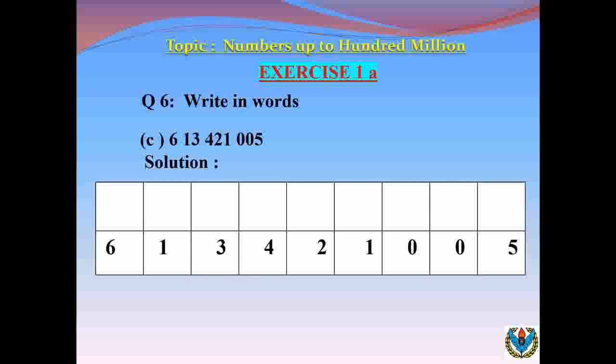We start from the right side. Unit, tens, 100, 1000, 10,000, 100,000, million, 10 million, and then there comes 100 million. So, with the help of these place values, we will write it in words.